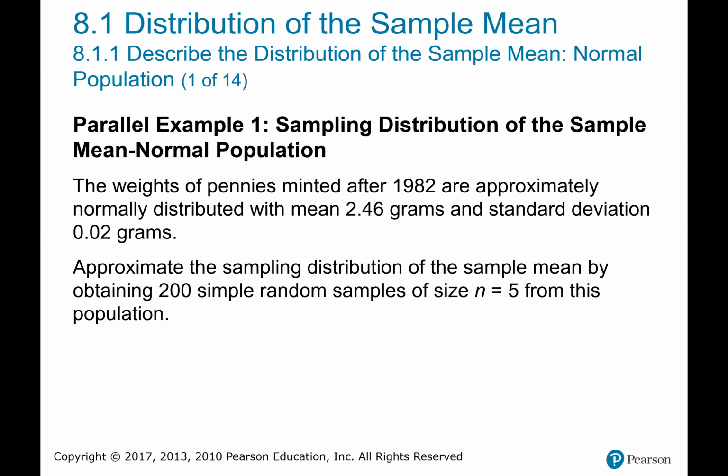Example 1, sampling distribution of a sample mean, normal population. The weights of pennies minted after 1982 are approximately normally distributed with the mean 2.46 grams and a standard deviation of 0.02 grams.